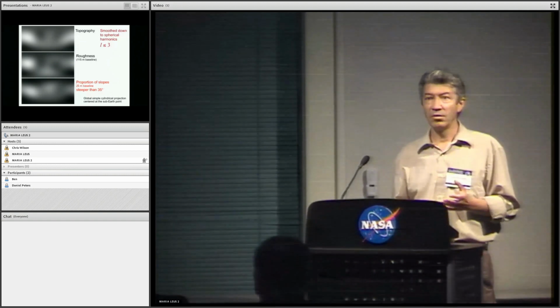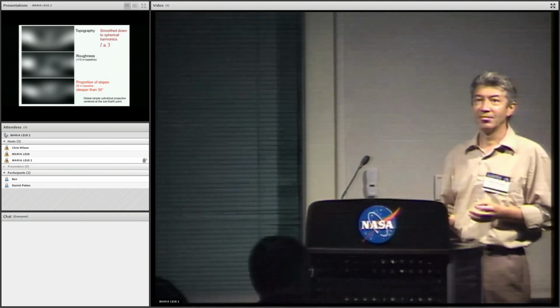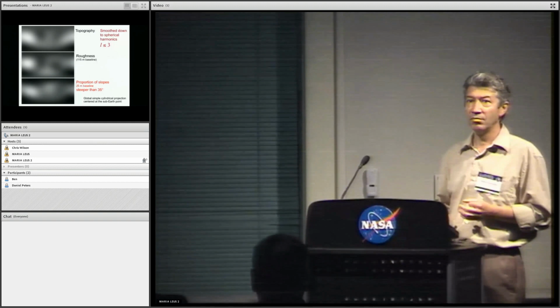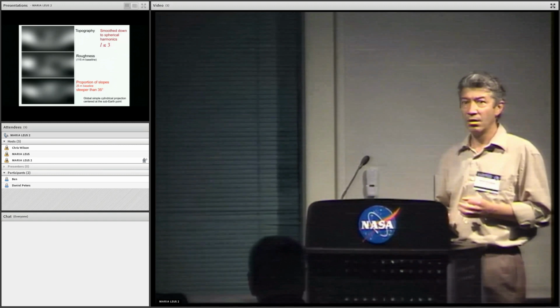Tomorrow at 10:50 in the other room, I'll be talking about this, but Mini-RF global data shows SPA to be distinct, with a thick regolith with small scatterers, 1 to 2 meters thick. So it is distinct, but there's something weird going on. But yes, we've got global radar data from Mini-RF. Oh, Mini-RF, yeah.